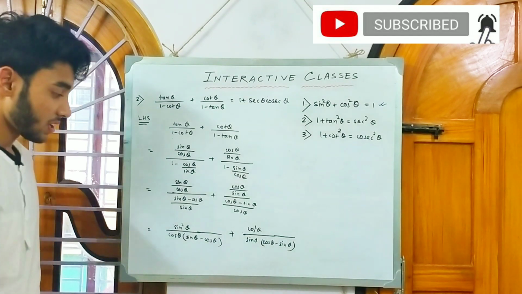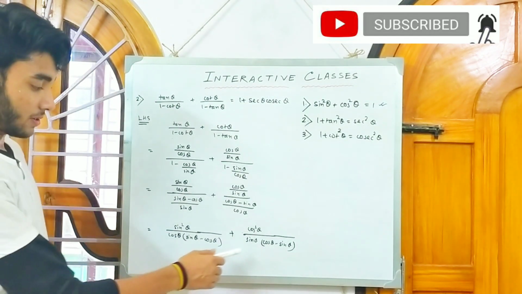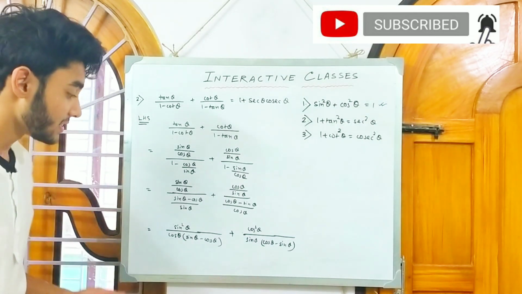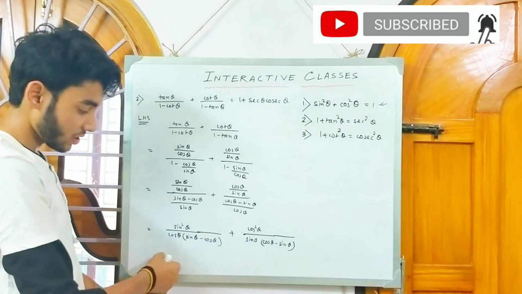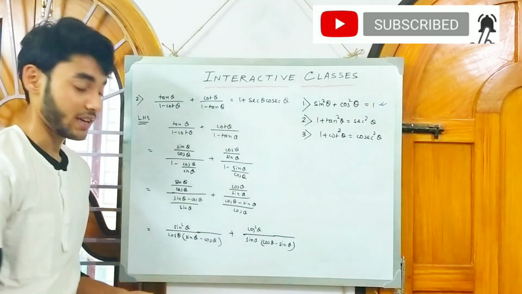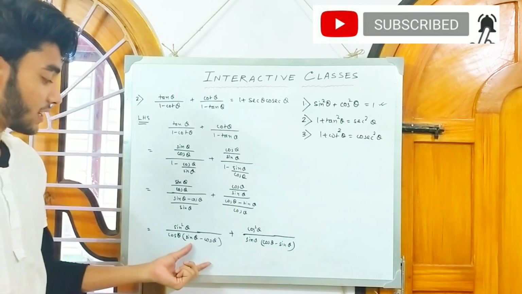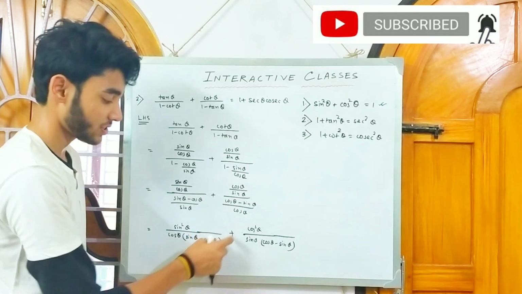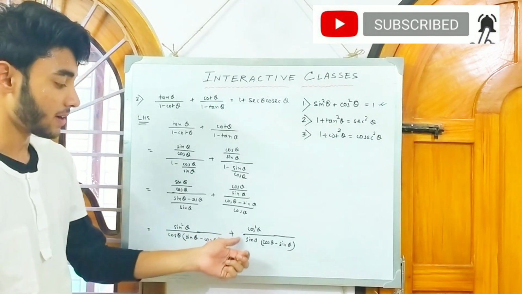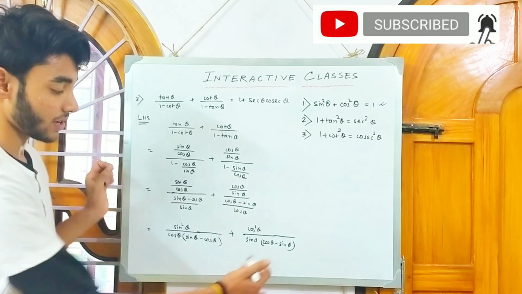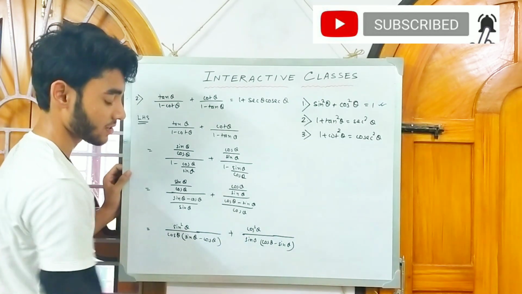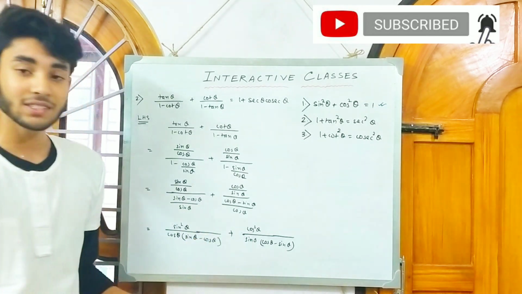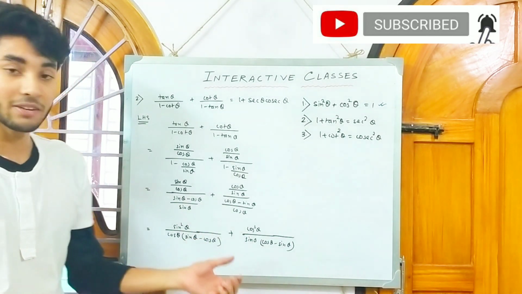Now if we can somehow make cos theta minus sin theta into sin theta minus cos theta, then we can easily add these and take sin theta minus cos theta common. So by changing the sign, we can adjust it to sin theta minus cos theta.